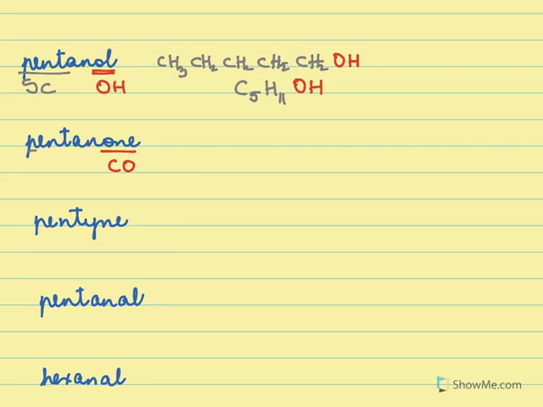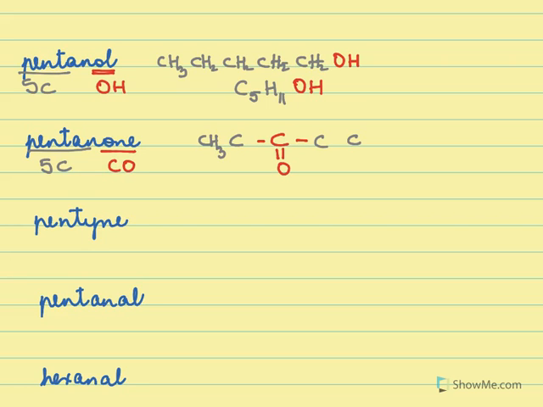Now, pentanone. One means ketone. CO, 5 carbon ketone. So, first we write the ketone group. It's always in the middle, the ketone. This is the only functional group that is in the middle. Now, you've got to arrange your 5 carbons any way that you want. You could put 2 on this side and 3 on this side, or you could put 1 on the side, the other 3 on the other side, whichever way you want.